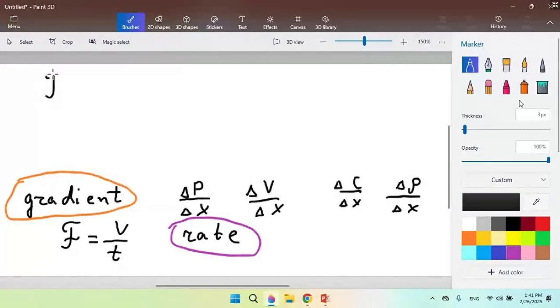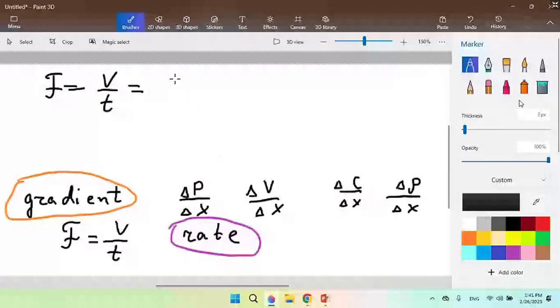When fluid flows through a tube, we can introduce a quantity called volume flow rate, which is defined in this way: pi r to the power 4, delta P, over 8 eta L. You will presently see it.